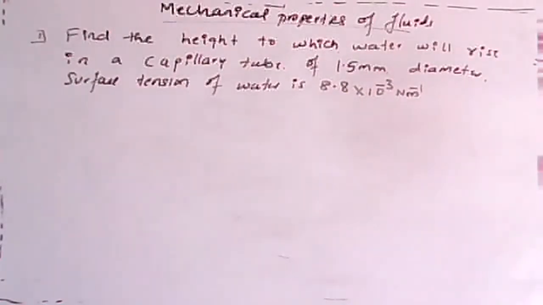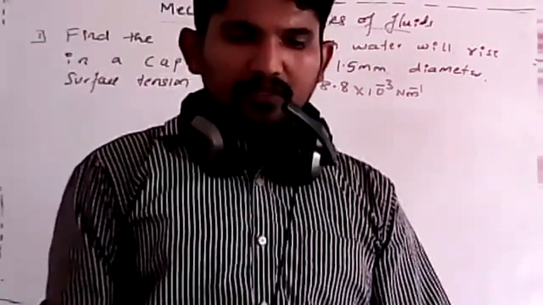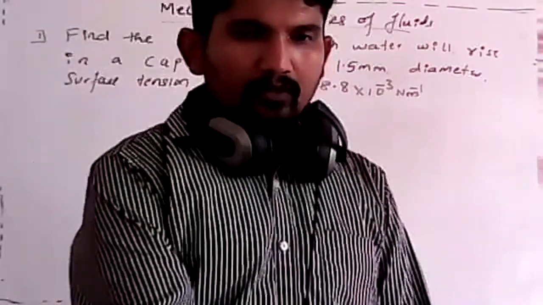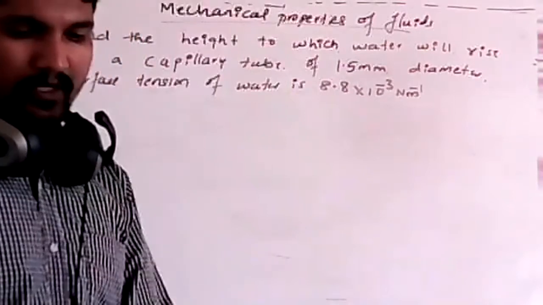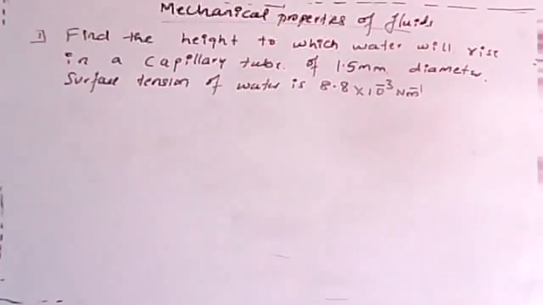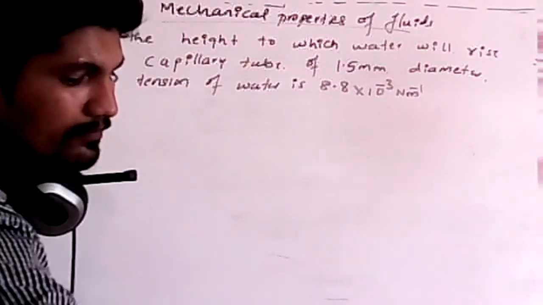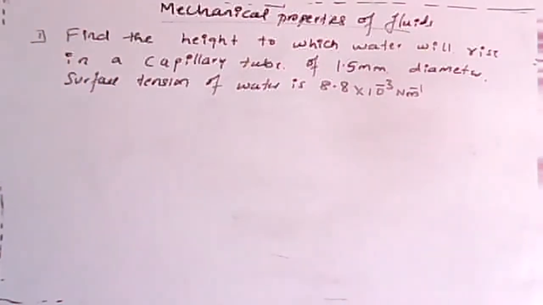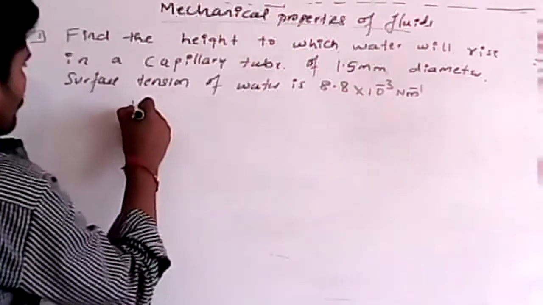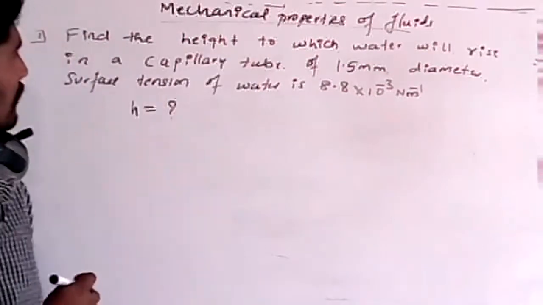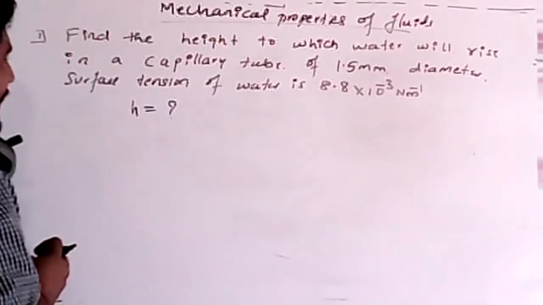So how can we solve this, students? Can you tell me? Are you able to solve this? Just try to understand and try to solve. Anybody getting it? See here, in this particular problem, what is given, students? Find the height. What is height? The capillary height to which water will rise in a capillary tube.